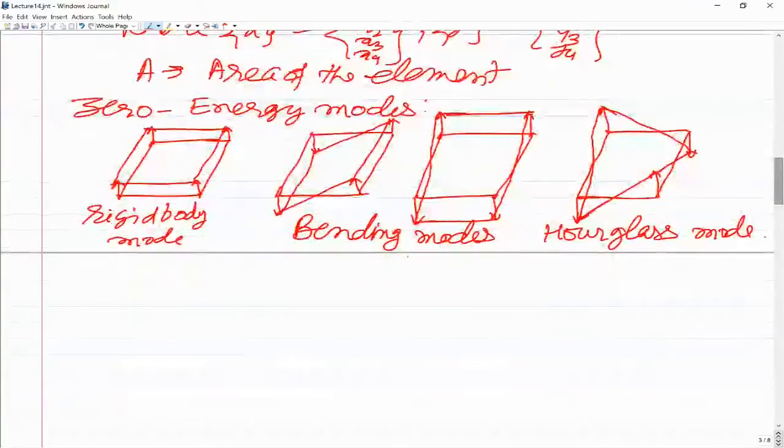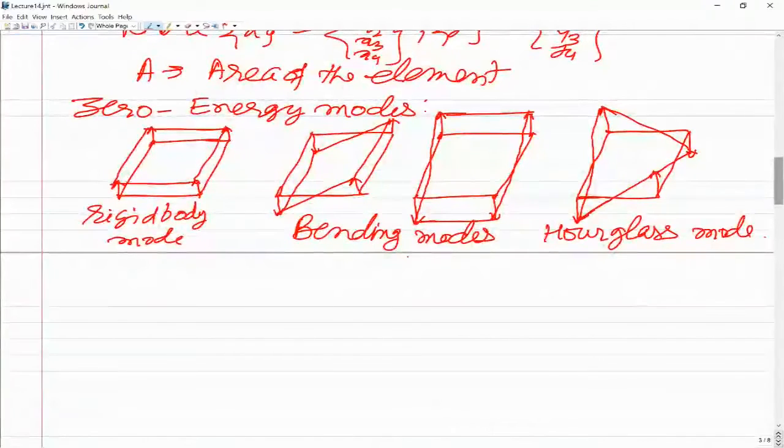And if I list down all of them, I have depicted only a few: one rigid body mode, two bending modes which are constant curvature modes, and one hourglass mode. Let me write all of these.